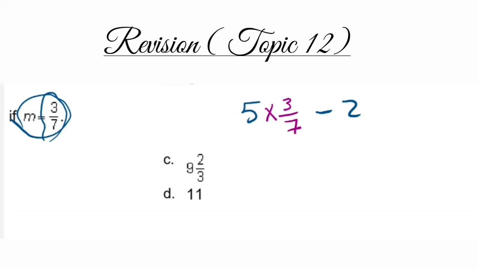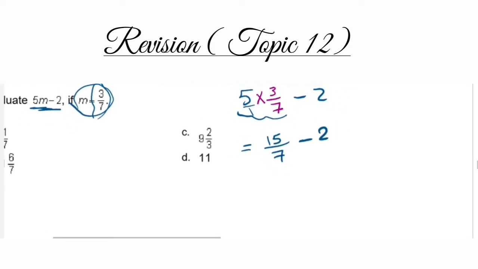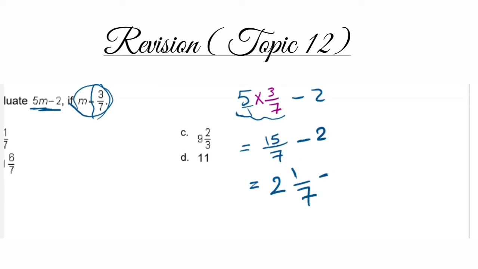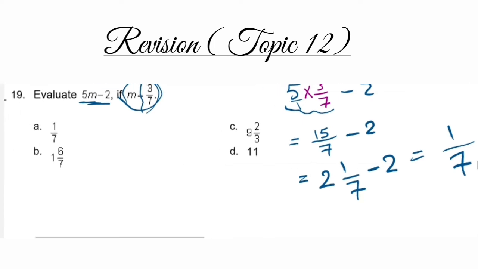We have denominator 1, so 15 over 7 minus 2. Now 15 over 7, that's 2 and 1/7. Remember that 2 multiplied by 7 is 14. The remainder of 15 is 1. Then 2 and 1/7 minus 2 is 1/7. So the answer is A.